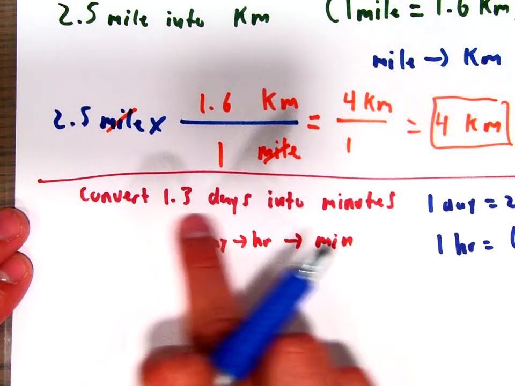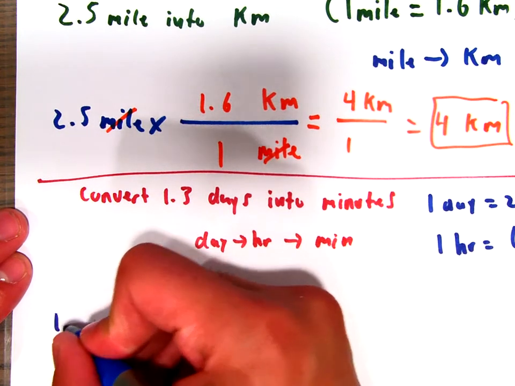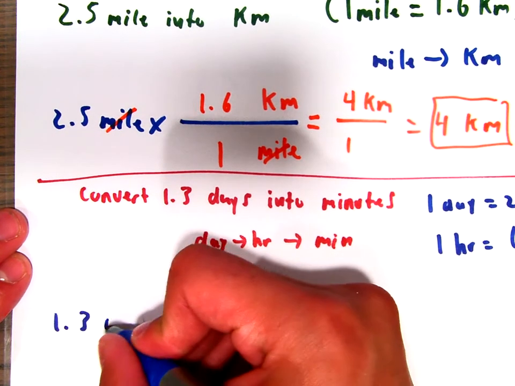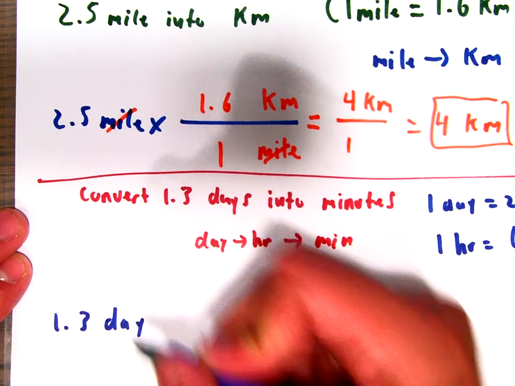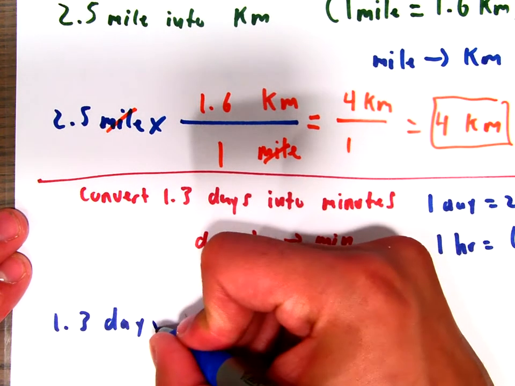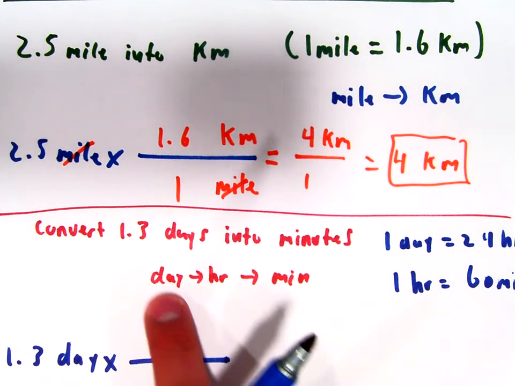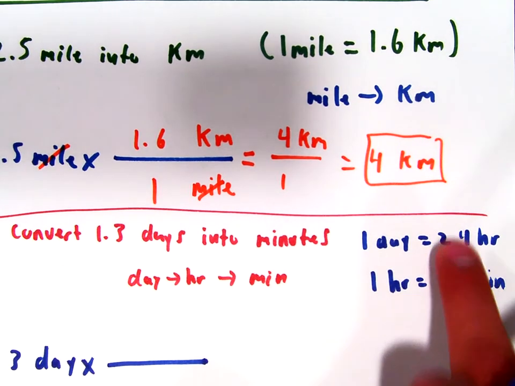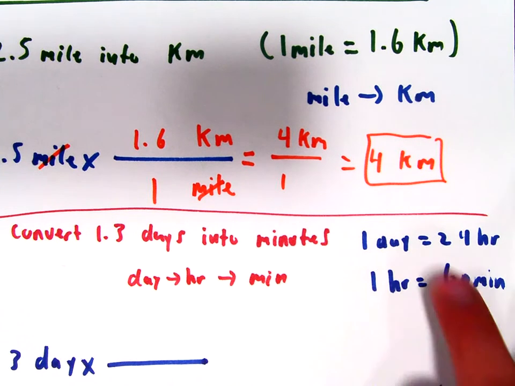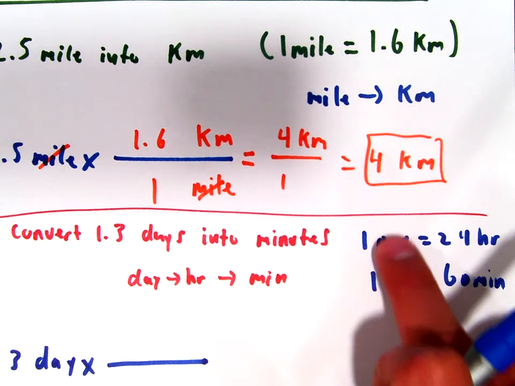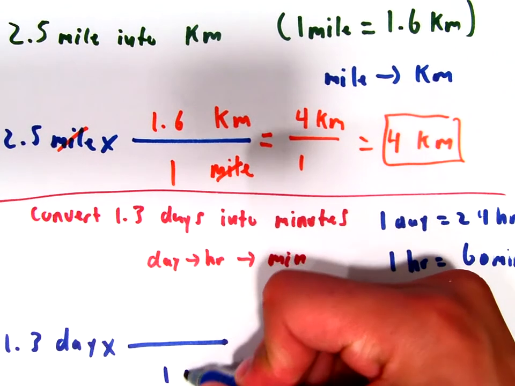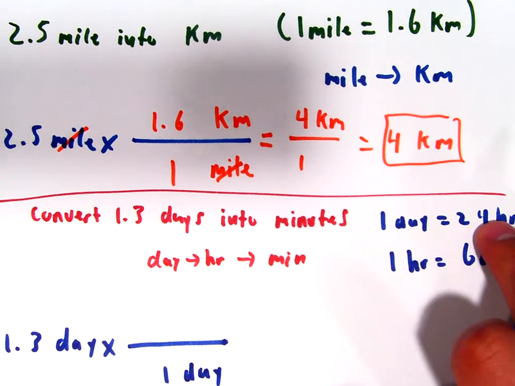So first I start with what I'm given, I bring it down. 1.3 days. Okay? Times a fraction. If I'm going from days to hours, I'm going to have to use one of these conversions. The only one that has to do with days and hours is this first one. So I plug in the bottom, 1 day equals 24 hours.